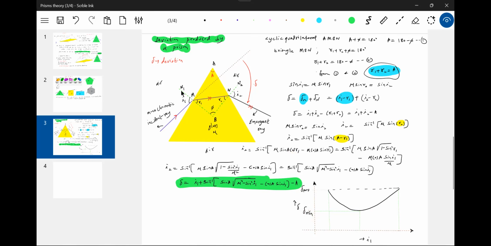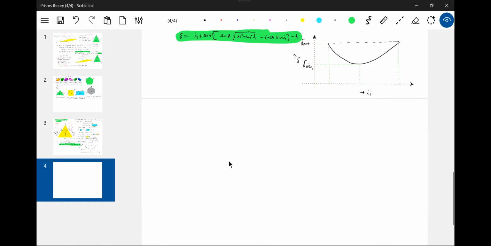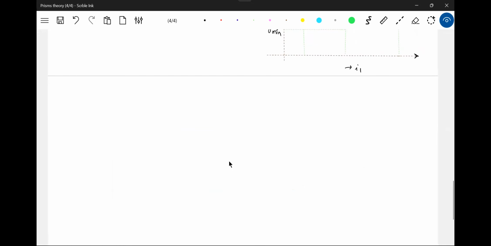Okay, so next is the expression for minimum deviation.